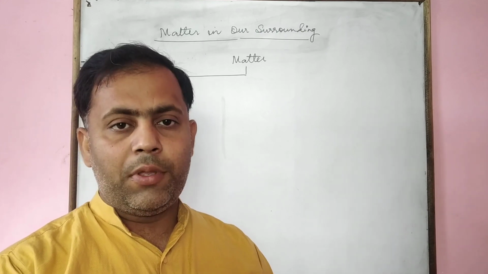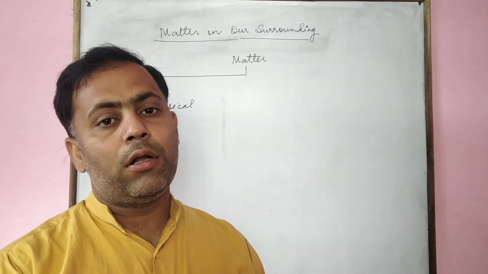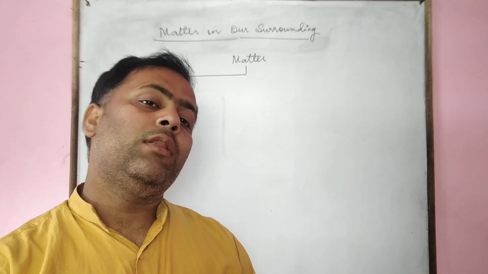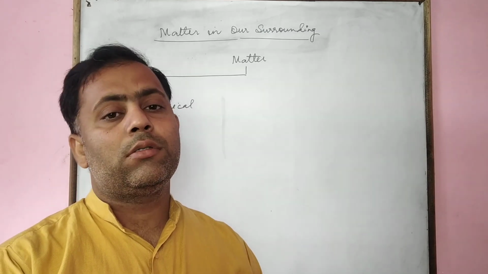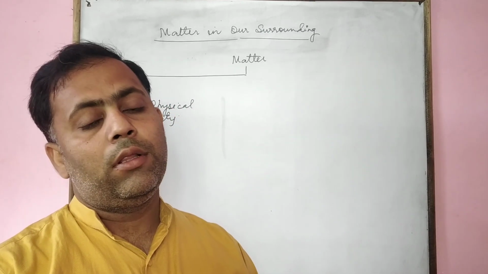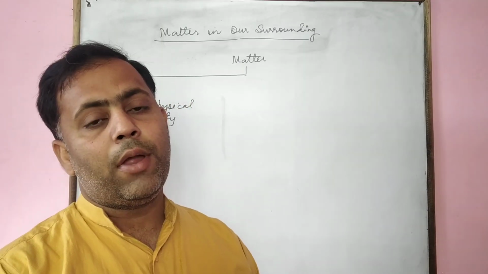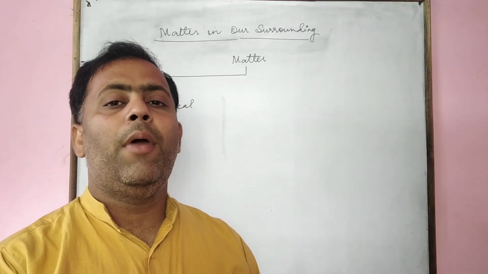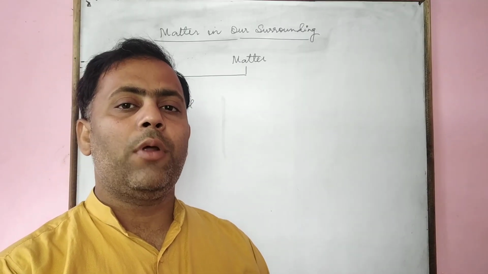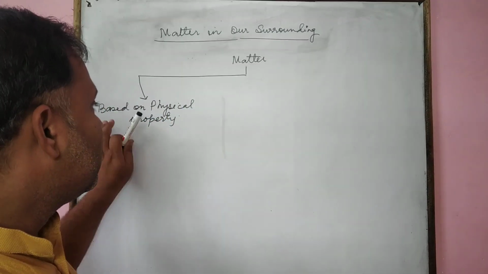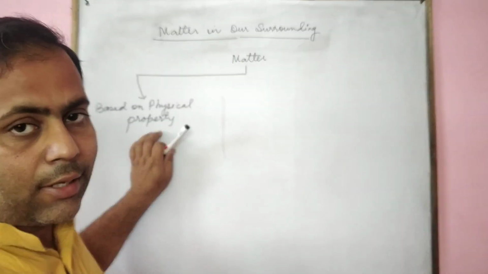What we observe here during this change, we got a property, that is the temperature at which a solid changes to liquid. That property is termed as melting point. It means the melting point is a physical property. Based on the physical property, what are their states?